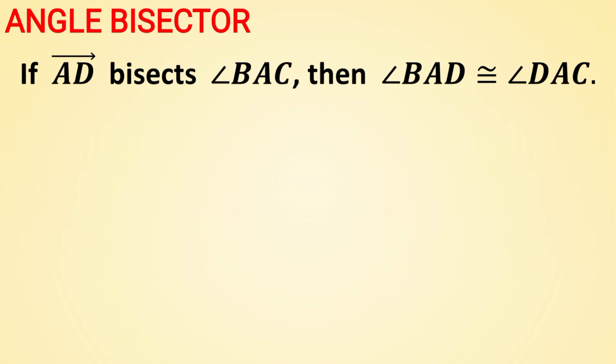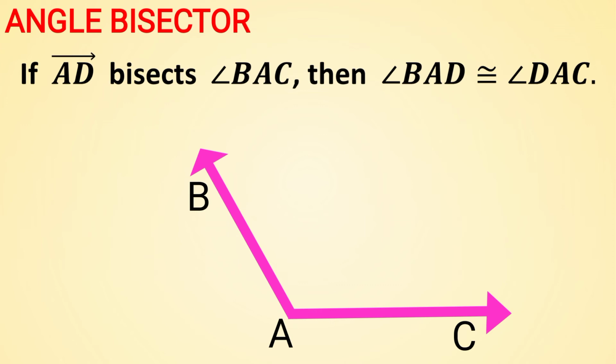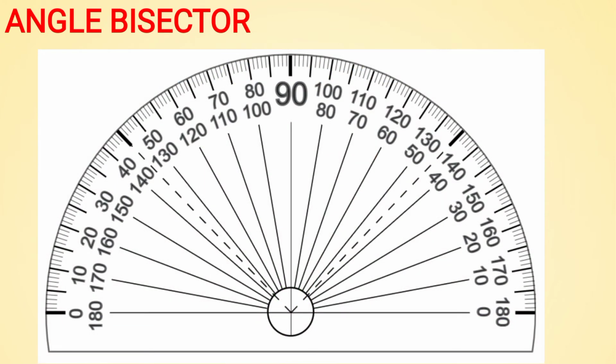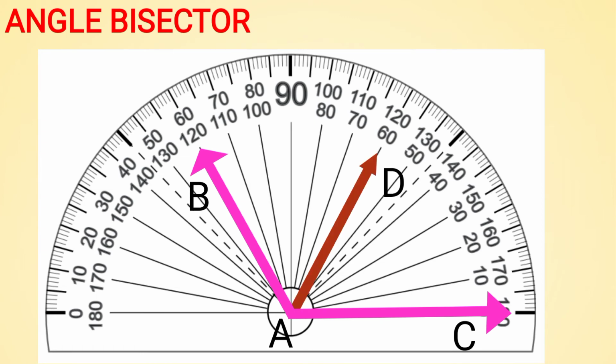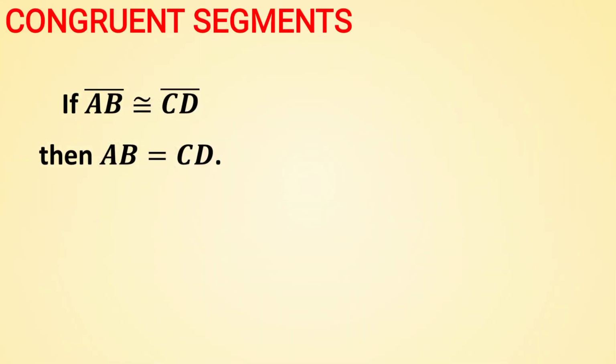Angle bisector. If ray AD bisects angle BAC, then angle BAD is congruent to angle DAC. Congruent segments. If segment AB is congruent to segment CD, then AB is equal to CD.